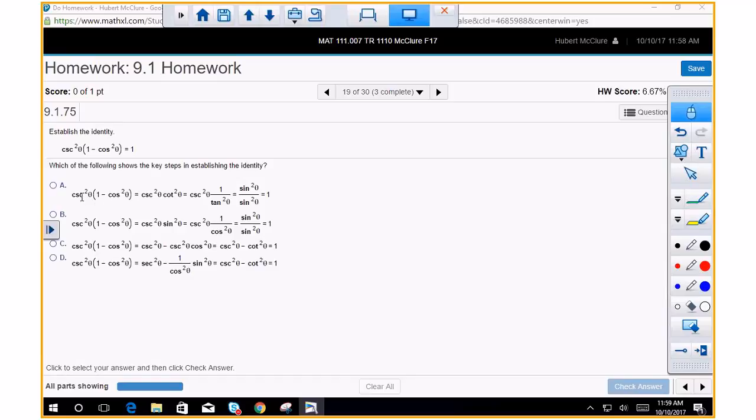Cosecant, if I distribute that, that'd be cosecant minus cosecant cosine. See, there is nothing like that. There's the second one. Cosecant squared minus cosine, okay, you're right. So I would believe it would be C.